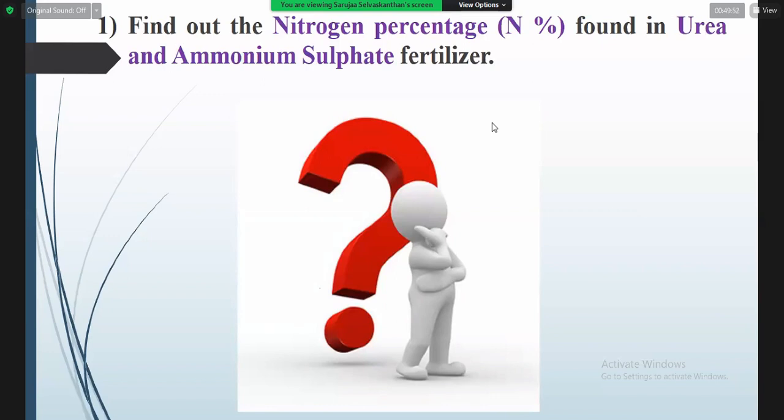This one is in A-level and O-level chemistry.